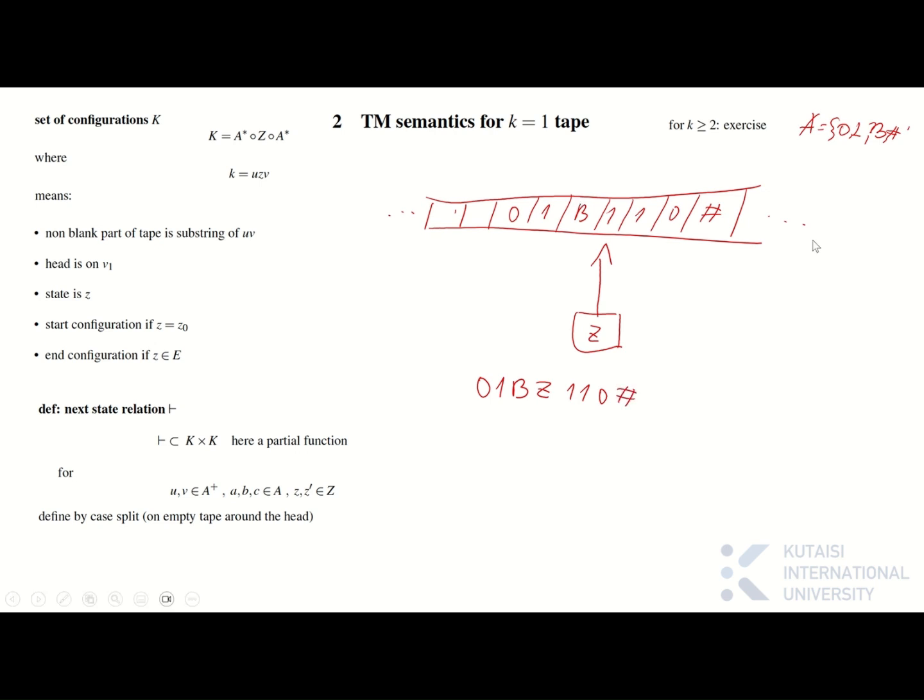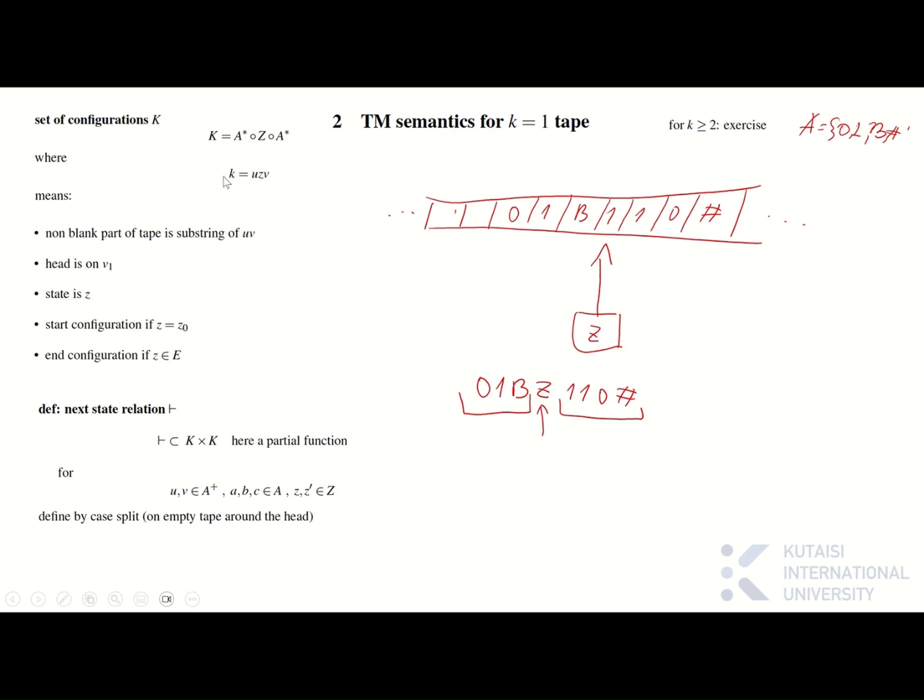So this is my configuration. This is just a short way to write what I'm drawing every single time. It indicates the string to the left of your head and the string to the right of your head. And your state is written at the place showing that, if the state is written here, then the first symbol is what the state is looking at.